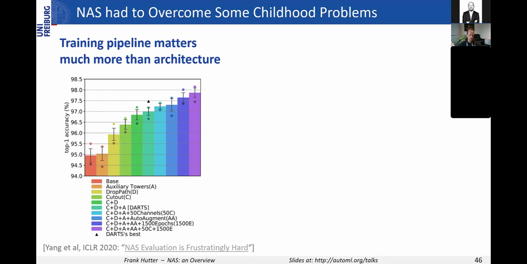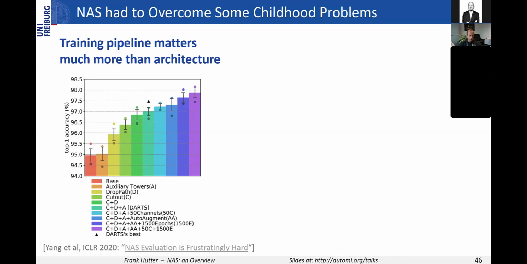That didn't improve much. Then they included drop paths, which is a regularization approach. Performance jumped by about 1% already. Then they added cutout, another regularization technique. They added both cutout and drop paths. So this here was just cutout alone, and this here is cutout and drop paths together.